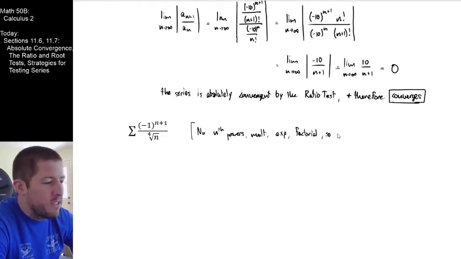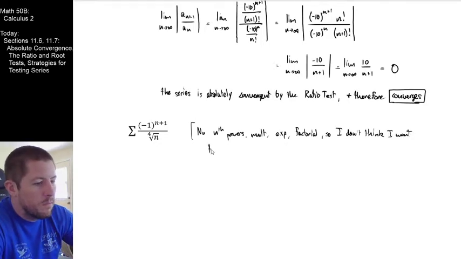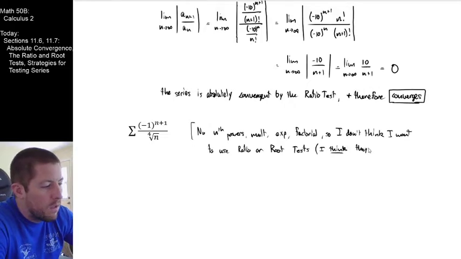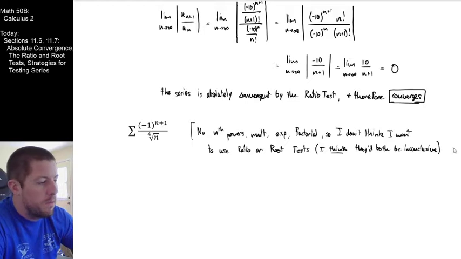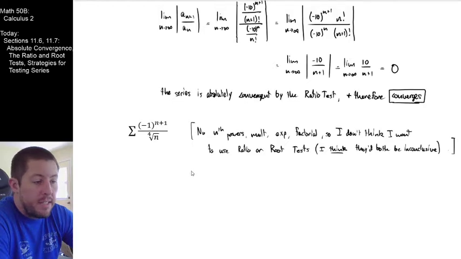And so I think that those are going to give us our inconclusive result. All right, so this is in the form of an alternating series.